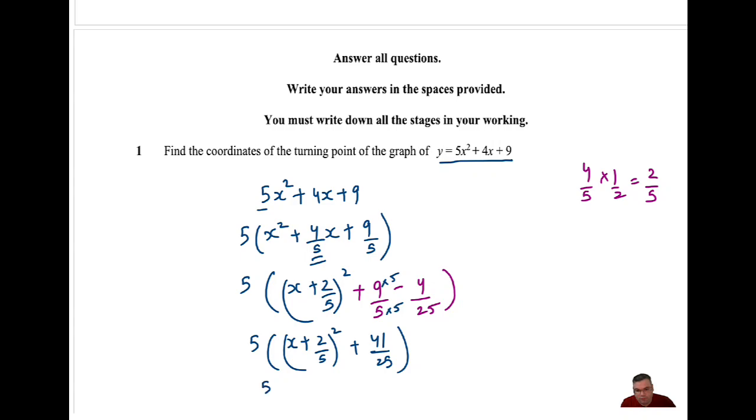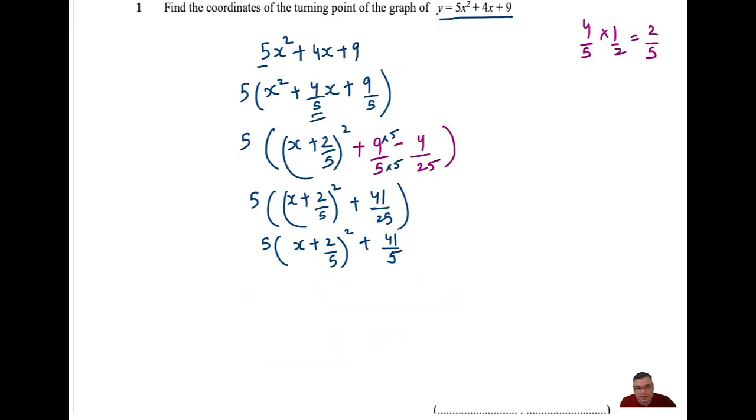We get 5 times x plus 2 by 5 squared plus 41 over 5. So this is our y coordinate, 41 over 5, and when we negate the number inside the bracket we get the x coordinate, which is minus 2 over 5. So this is the first question. I hope you understand. Now let's move to the second question.